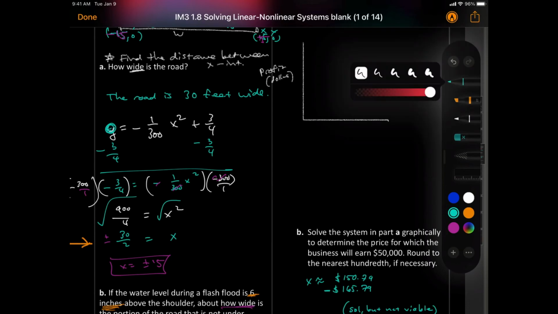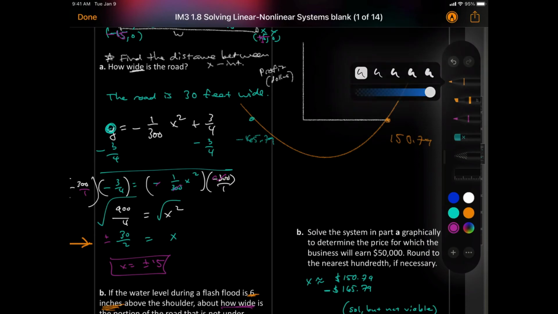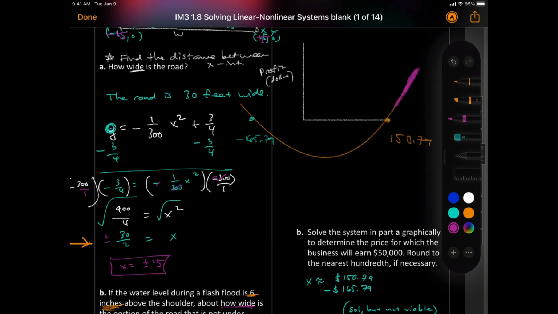So let me make this visual, and maybe this might make sense. We said this is 150.79, and this one over here was negative 165.79. So if you think about it, this portion over here is the only portion that you're really thinking about. All this other one with the pink dot that I have, this area, although mathematically, yes, it's part of the parabola, I don't want to give away money. I don't like giving away money.